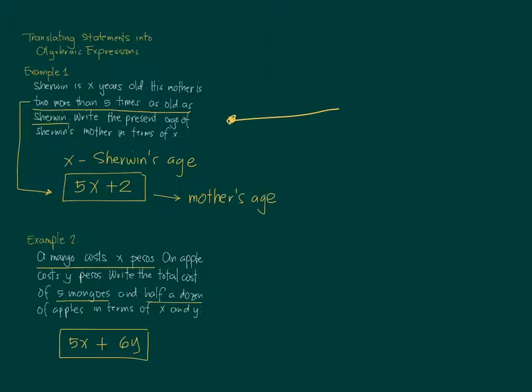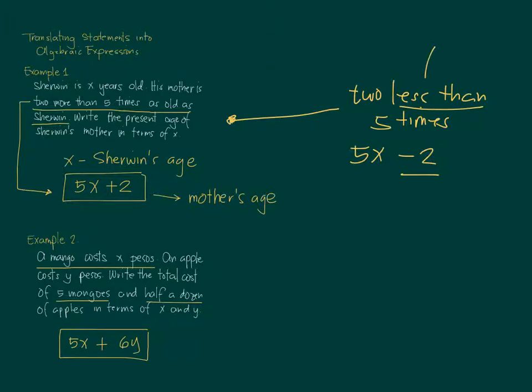So suppose his sister is 2 less than 5 times as old as Sherwin. So that means instead of plus 2, we have minus 2 and then 5 times x. So note how I translated less than. It's minus 2 from the 5x.